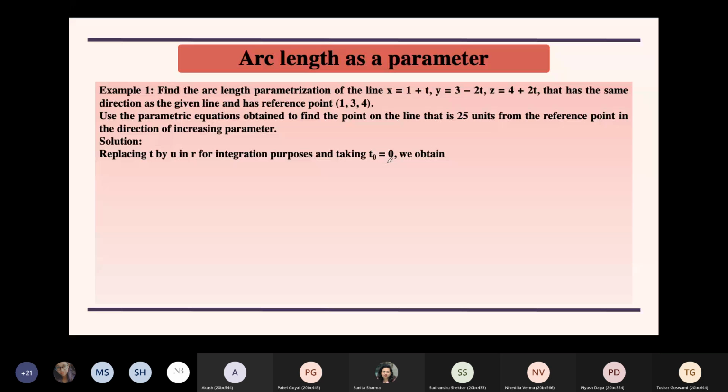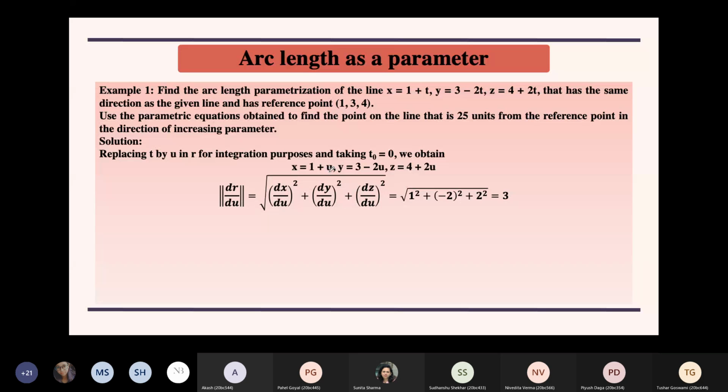Then you have to find the norm of dr by du. This is an in-between variable which we are using; ultimately we are going to do away with it. It is just a dummy variable, so there's no significance to taking it as u or something else. The derivatives you find give, as you mentioned, root of 9, which is 3. So this is the relation between s and t: s is equal to 3t.